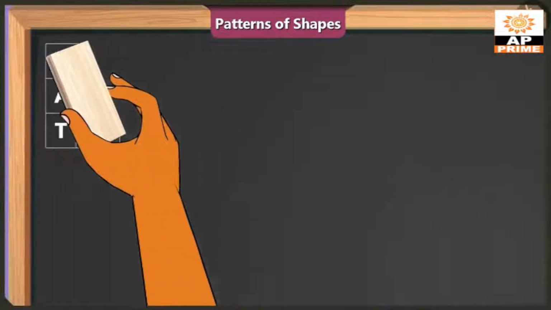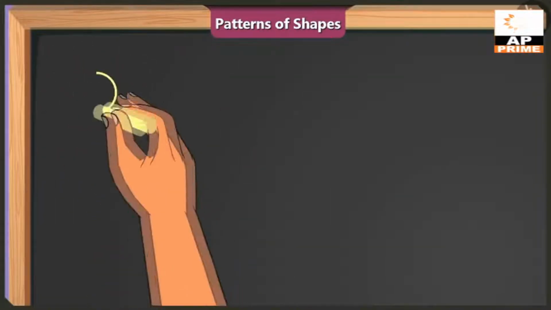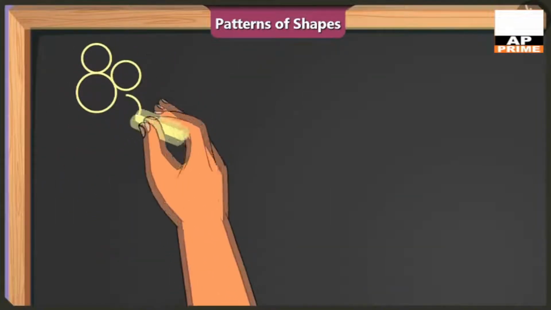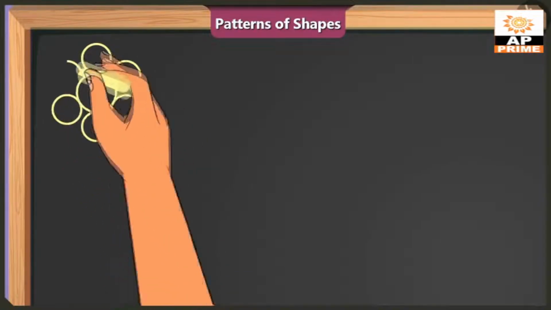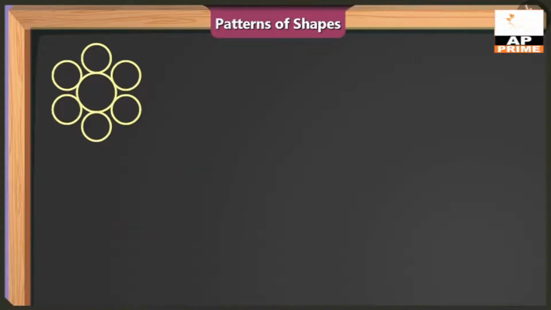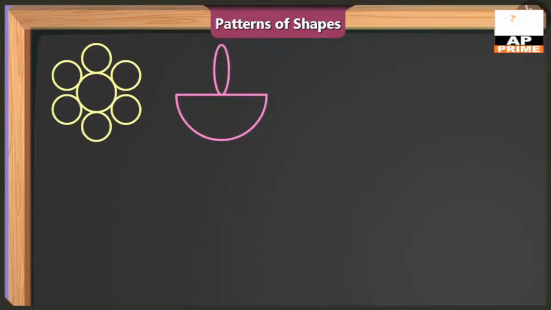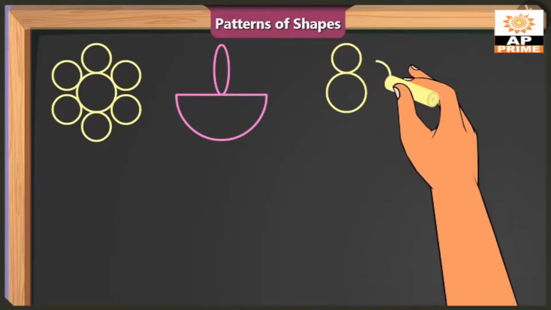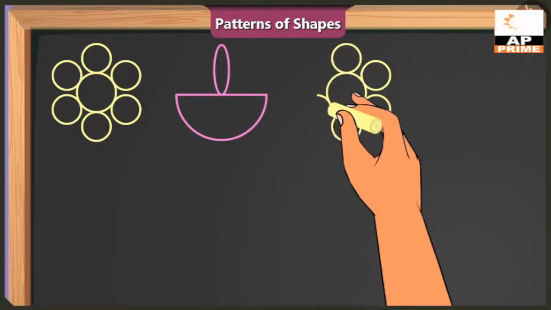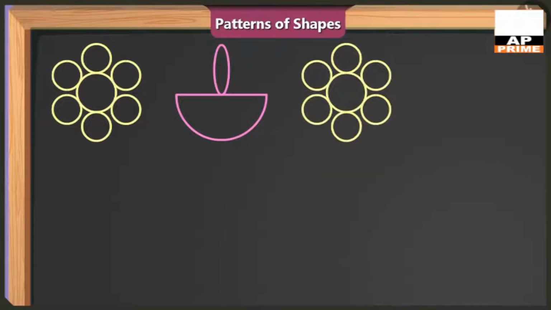Okay, ma'am. On one corner of the board, we can use big and small circle shapes to make a flower. Next to this flower, I can draw a diya using a semicircle and an oval shape in this manner. Oh wow! Next to it, I'll draw another flower by using one big circle and some small circles.